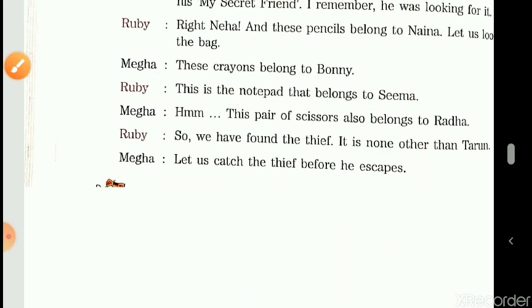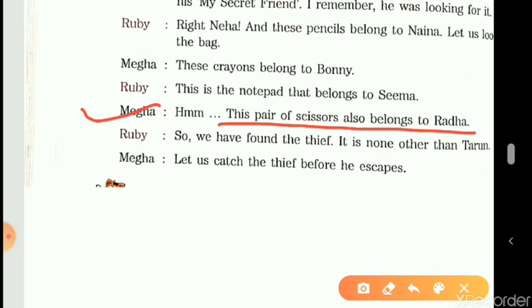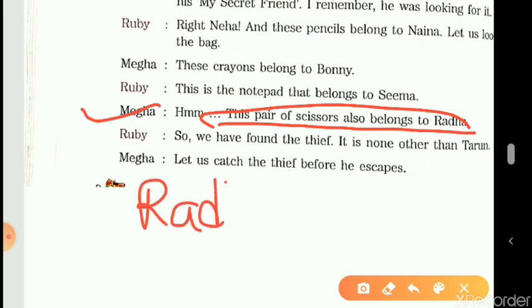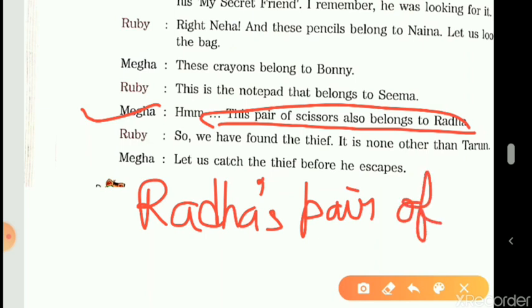Now, the next one. And that is Megha. This pair of scissors also belongs to Radha. So, whose pair of scissors? Radha's pair of scissors.